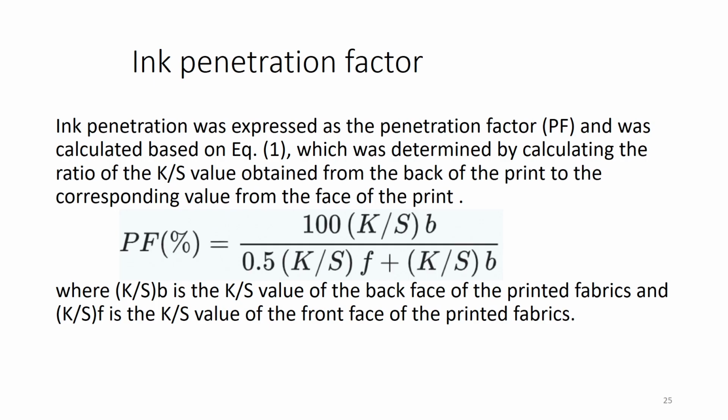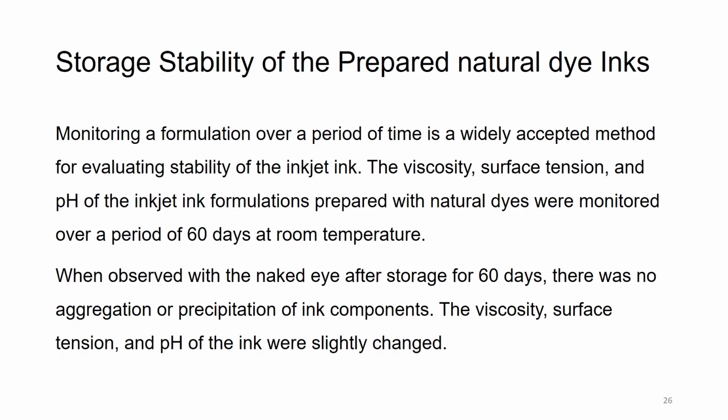So, PF, which is the penetration factor of the ink in percentage, is equal to 100 K/S(B), that is the back side of the print, upon 0.5 times K/S of the front side plus K/S of the back side. So, this is how the ink penetration factor is calculated.